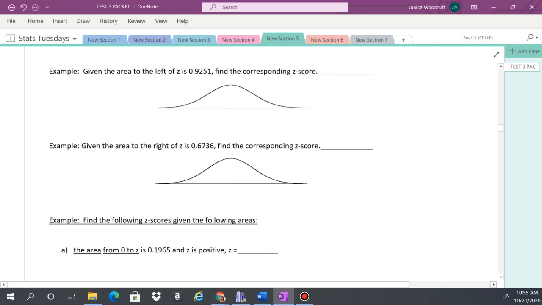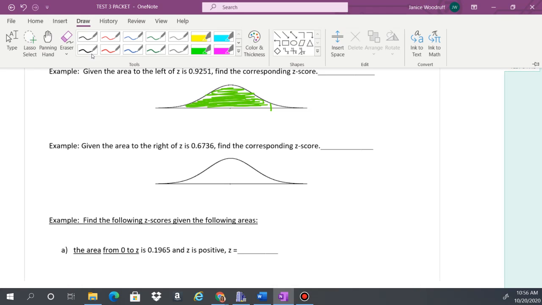The area to the left of z is 0.9251, which means basically 92% of this is colored in. So that's going to be way over here. All of this is 0.9251. That's what they're telling you here.